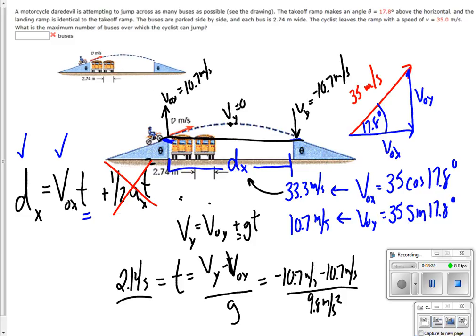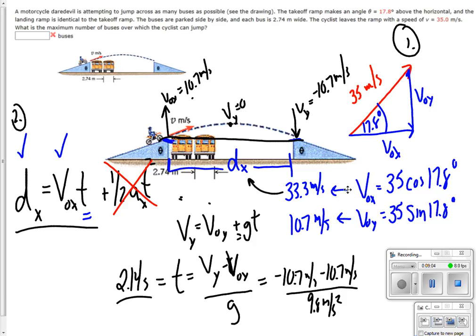So let's recap. We broke our vectors down into x and y components over here, always our first step. I kind of tabled over here what we're going to be doing ultimately in the end with our x components. I had to really come back to my y though because I can't figure out how long it's in the air unless I use my vy. So my initial vy was 10.7 that I got from resolving the vector first.